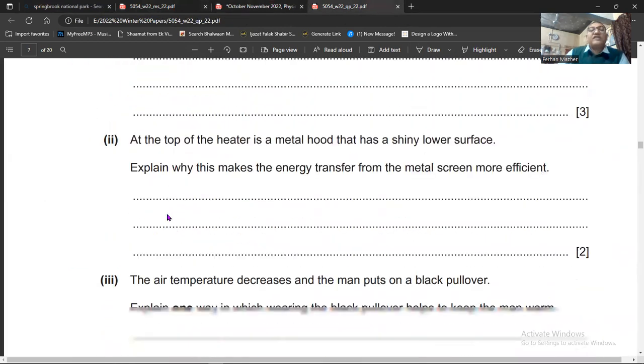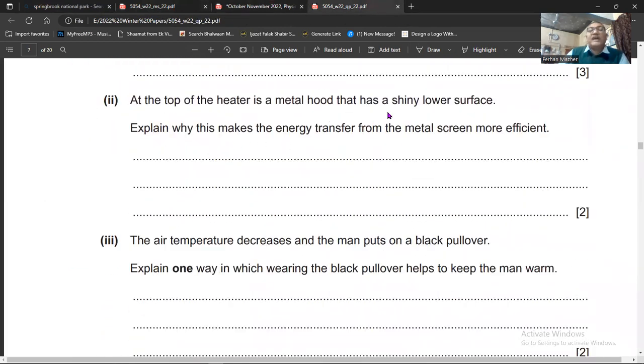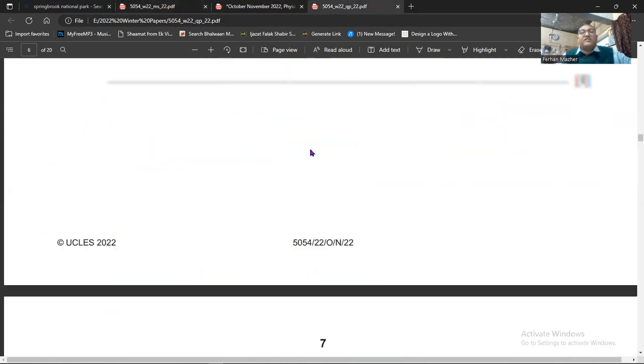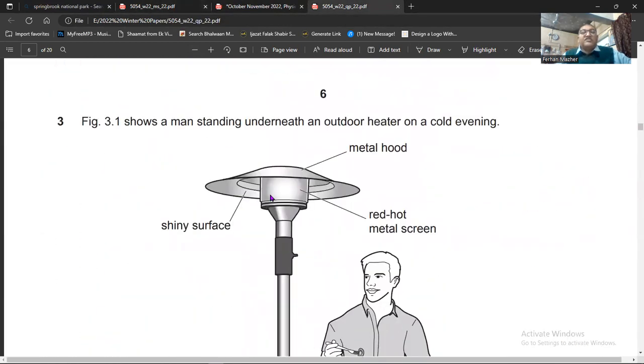Okay, the next question is, at the top of the heater is a metal hood that has a shiny lower surface. Explain why this makes the energy transfer from the metal screen more efficient. You see, this shiny surface, all the infrared rays which go in the upward direction will be reflected from this shiny surface, because the shiny surface does not absorb the infrared.